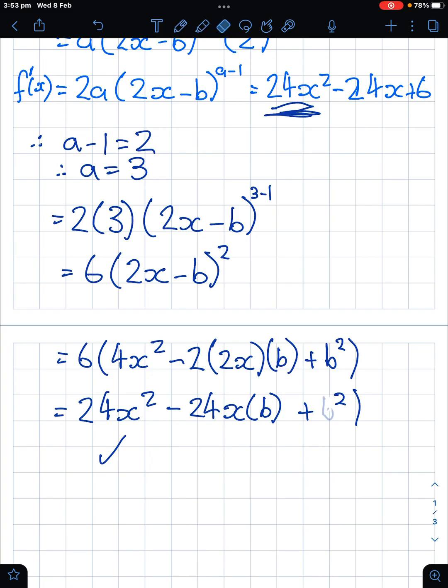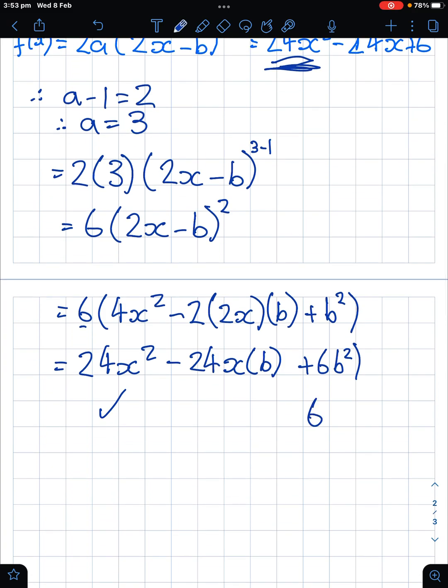Let's erase that out. I've got to multiply my 6 from the front, so this is going to be 6b squared. Because this is 6 and this is 6, 6b squared equals 6. We divide both sides by 6 and get b squared equals 1. Therefore, if we square root 1, we get plus or minus 1.